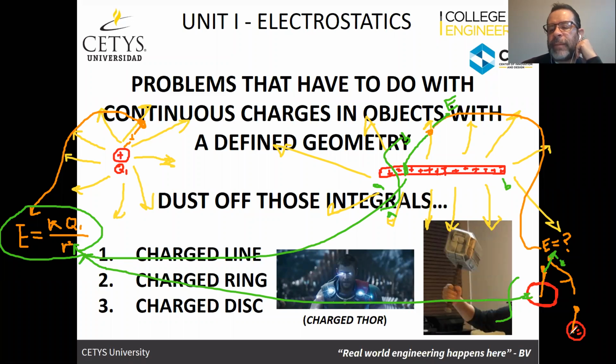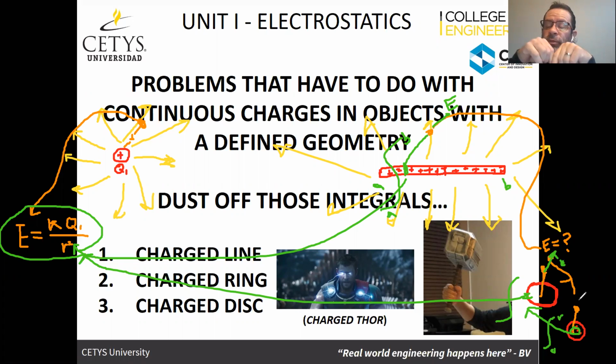The same thing can happen with the disc. I can take a certain ring, which I've already defined previously, say that the electrical field of the ring is equal to this, and just add all of them along the radius from 0 to R, and I can find the whole contribution of the disc.